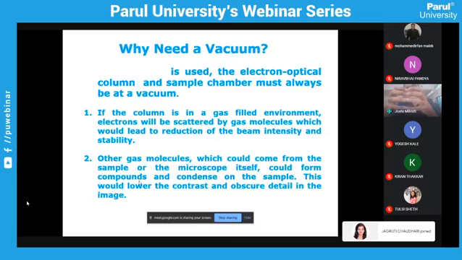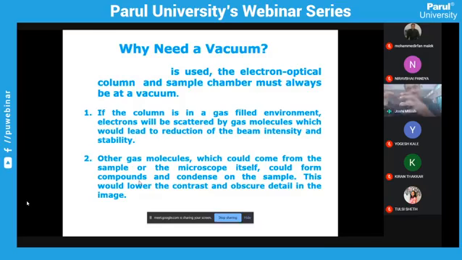If the electrons interact with anything other than what we want to study, then it has no use. If you make the chamber vacuum, the gas molecules that reduce beam intensity are removed, and it will enhance the stability of the material. So you can study the material for a longer duration.